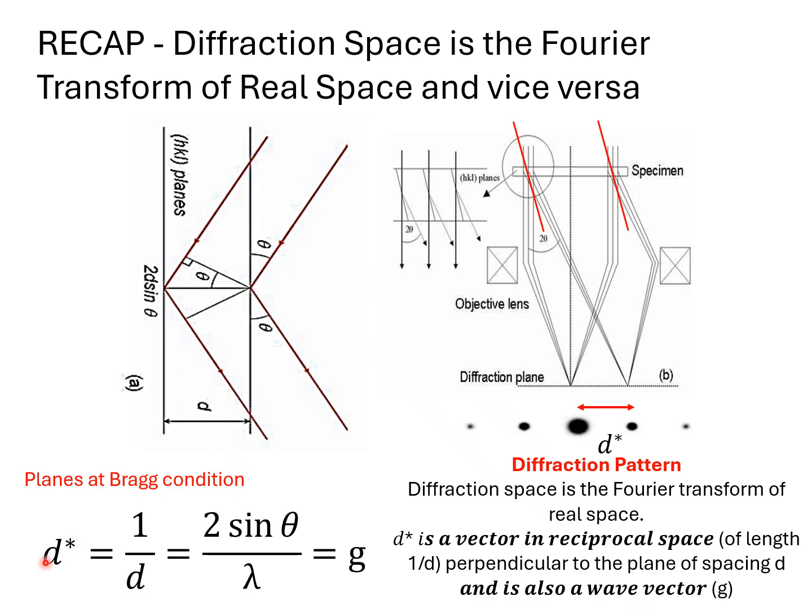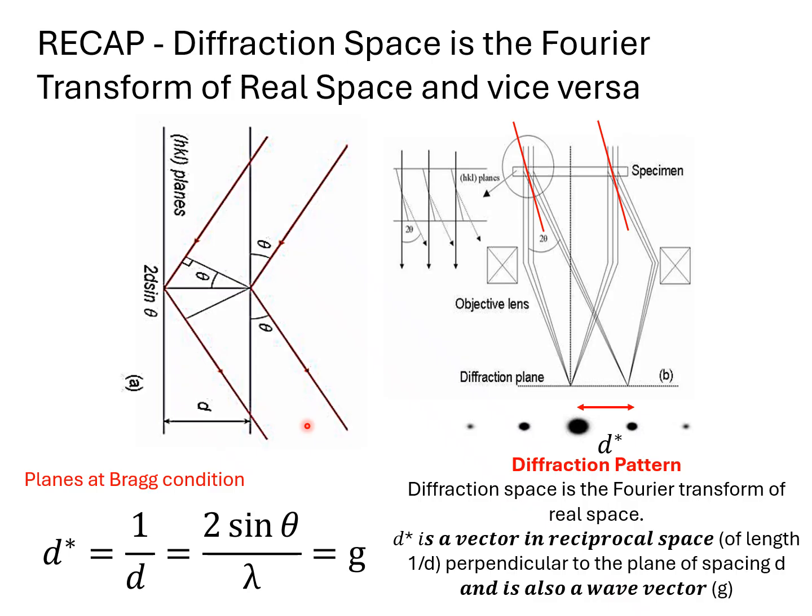They're actually coincident, and the direction of d star is in what's called reciprocal space, and I'm going to talk about that in a minute. It's a direction perpendicular.